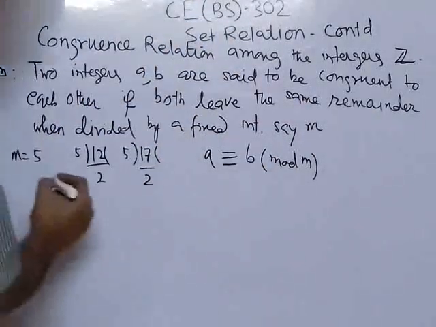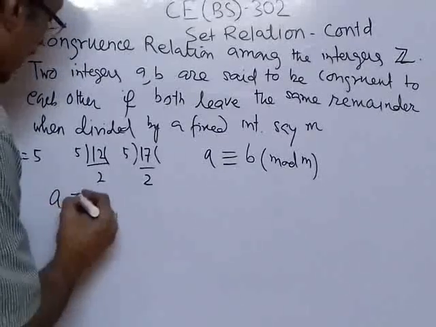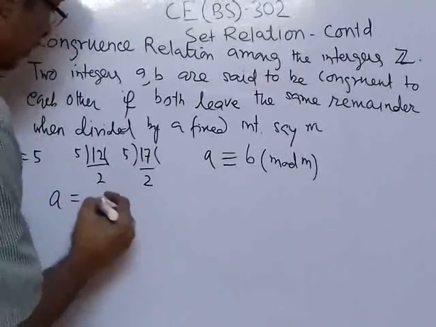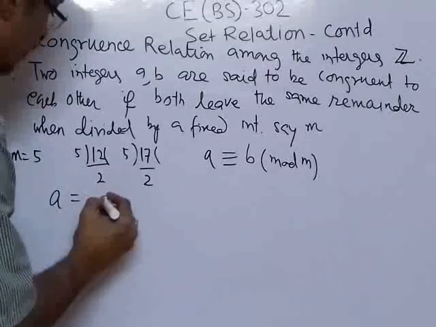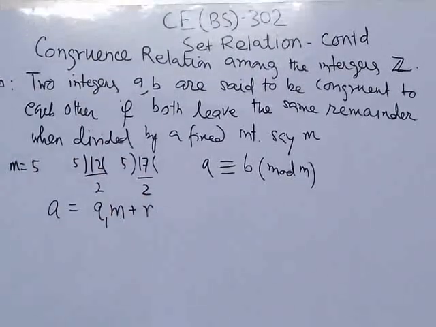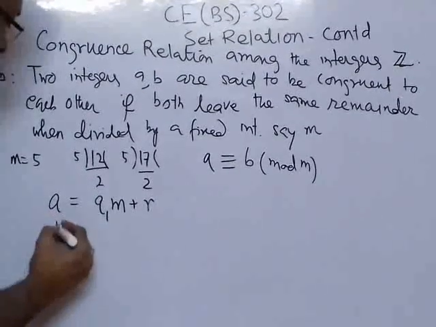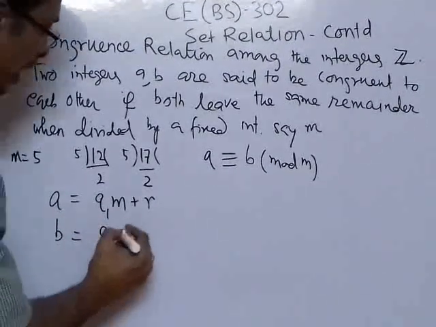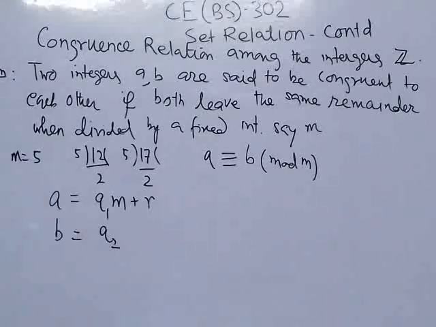This basically means, suppose a is divided by m, suppose the quotient is Q1 and the remainder is R. Similarly, when b is divided by m, suppose the quotient is Q2.